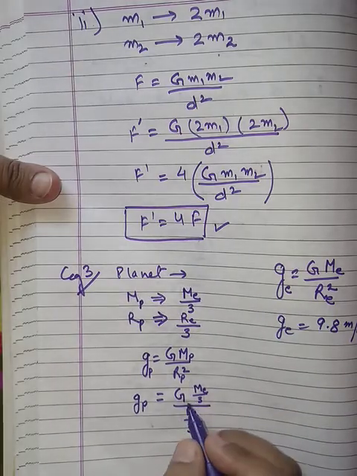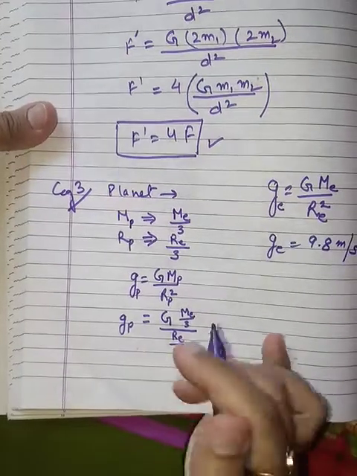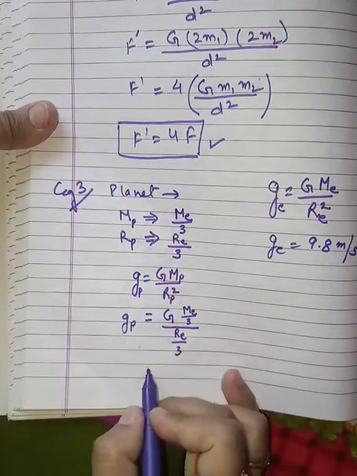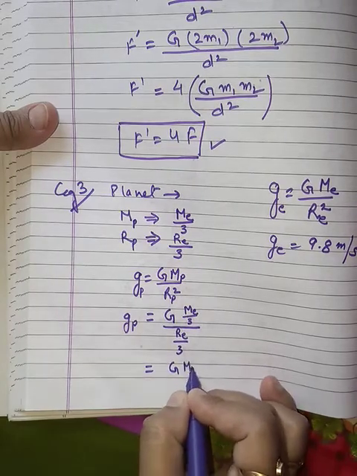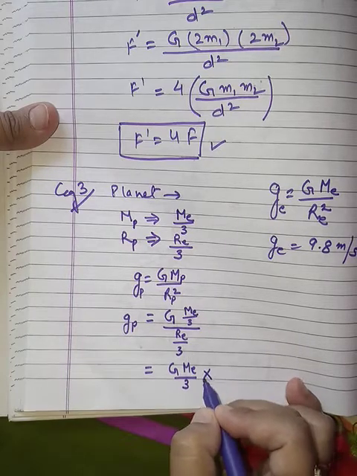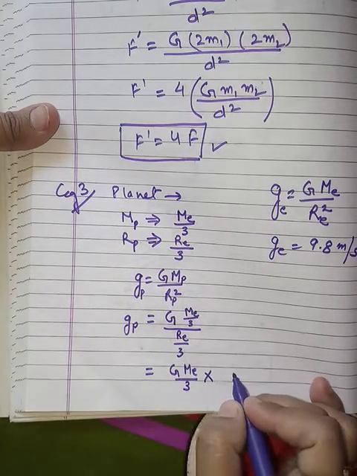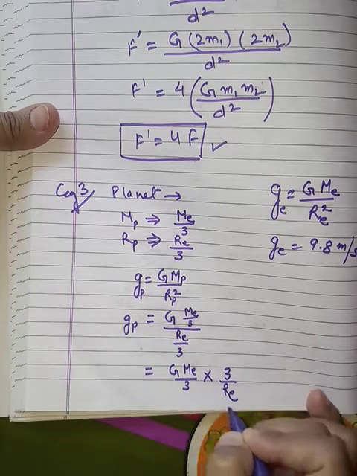Now simplify this as we have simplified in the previous question. To simplify this, we will take the numerator G ME divided by 3 and make the denominator reciprocal and multiply, 3 divided by RE.